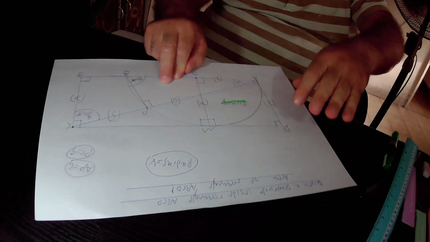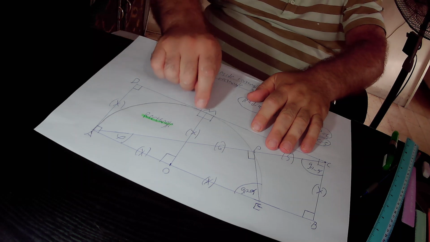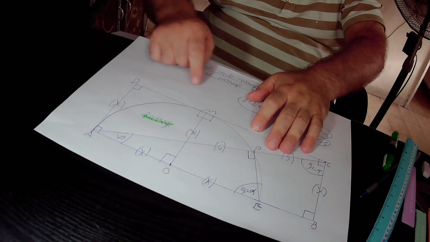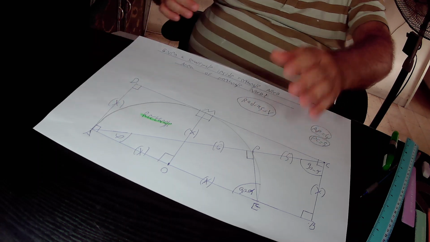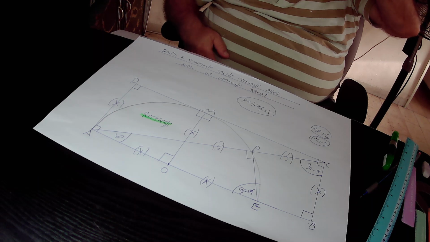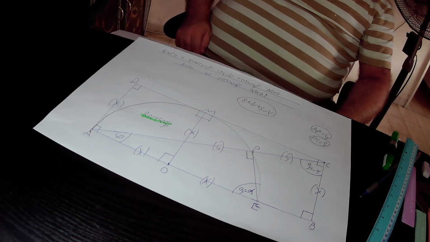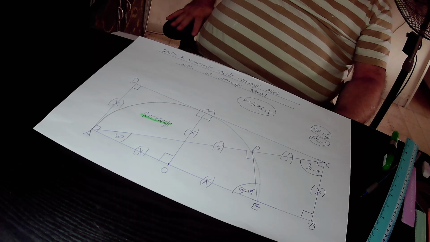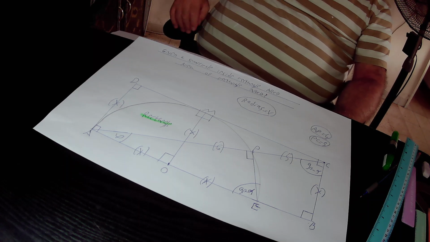By doing this construction, you can deduce the small quadrangle DMOA. Inside this small quadrangle DMOA, we have 1, 2, 3 right angles. The sum of 3 right angles is 270 degrees. So 270 degrees plus the size of this 4th angle, in total, must be equal to 360 degrees according to the rule that says that the sum of the angles in any quadrangle is equal to 360 degrees.